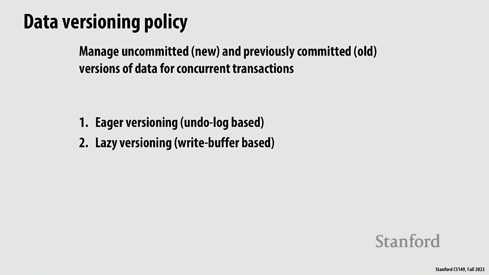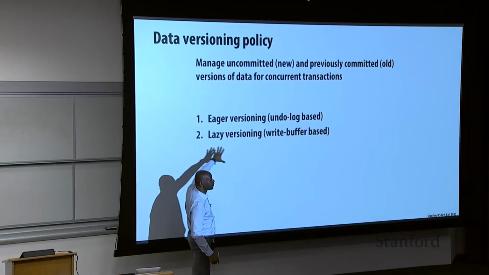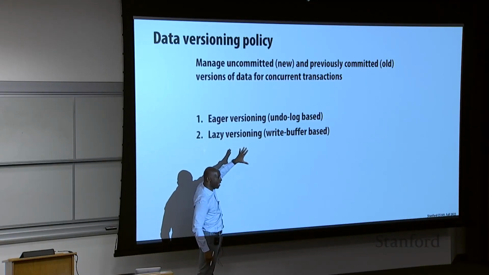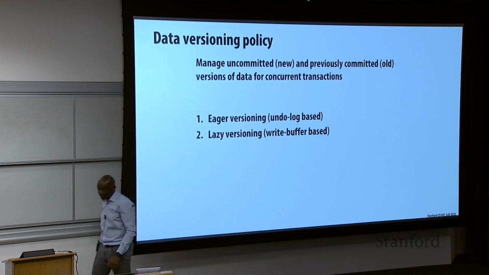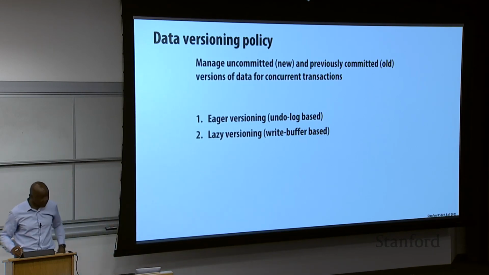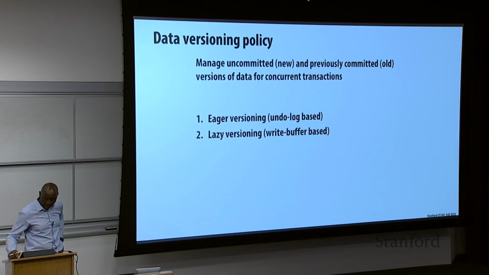One is called eager versioning and requires the component of an undo log. And the second way is lazy versioning, where we have a write buffer as the key element in the system. So let's look at these two kinds of doing data versioning.